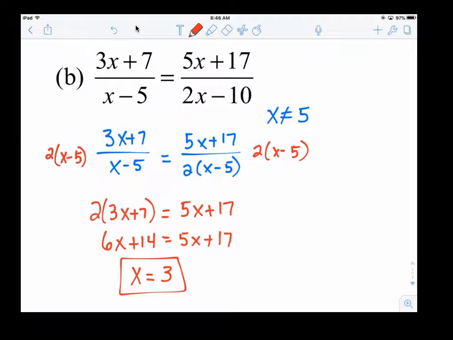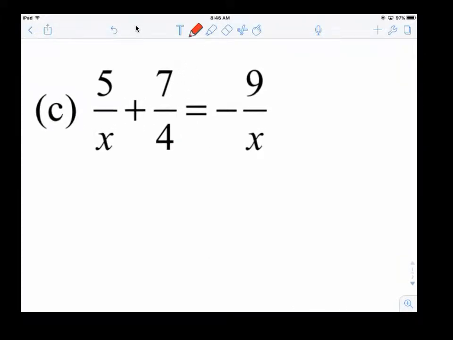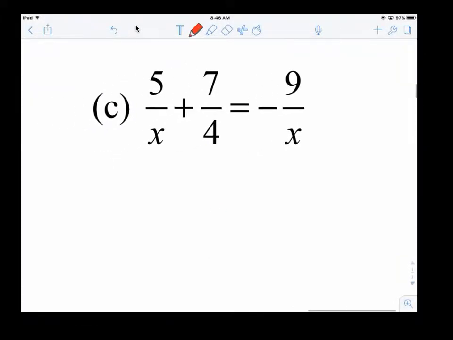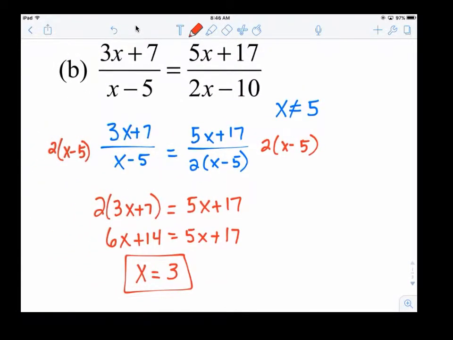And then you want to make sure that your answer is not that number. Just another way to do it, really. We could have cross-multiplied and got the same answer.